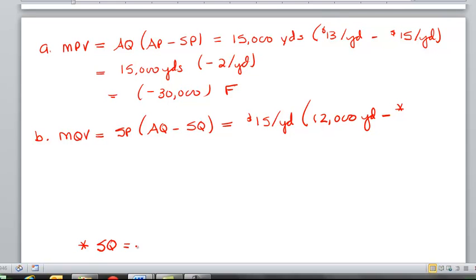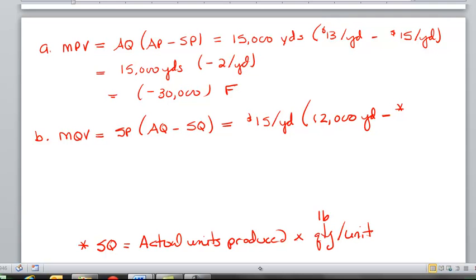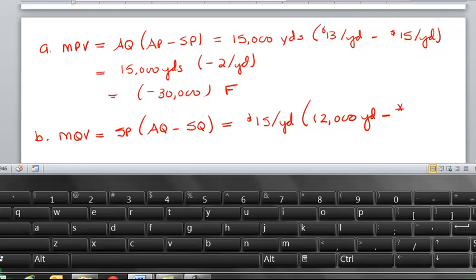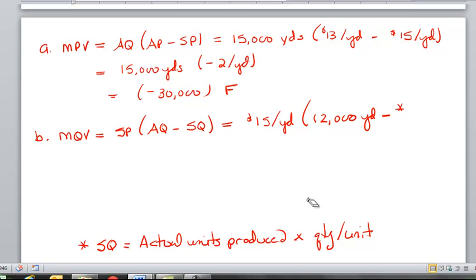Standard quantity again equals my actual units produced times the quantity per unit. And the quantity per unit is, sorry, it should be yards. How many yards per unit should we use? And that's 1.1 yards.